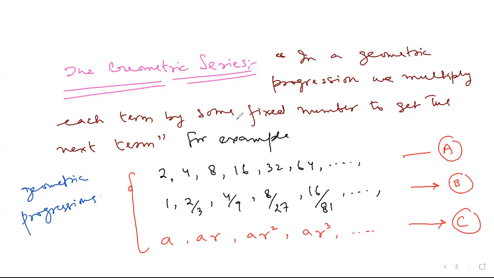Now, the fixed number which we have defined is in general written as R, and the first term of the progression is represented by A. So this is here my first term, or first entry in the progression, then it becomes first term when we talk of series. And this R is a fixed number.